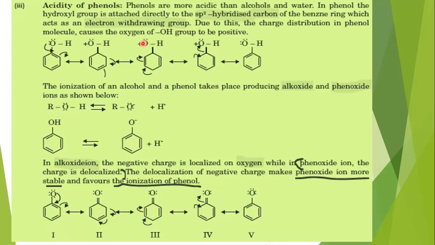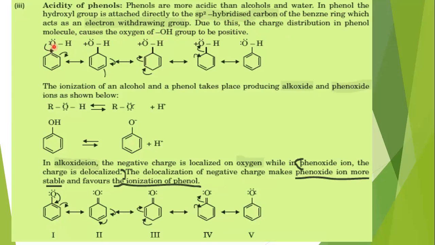Acidity of phenols. Phenols are more acidic than alcohol and water. In phenol, the hydroxyl group is attached directly to sp2 hybridized carbon of benzene ring, which acts as electron withdrawing group. Due to this, the charge distribution in phenol molecule causes the oxygen of OH group to be positive.